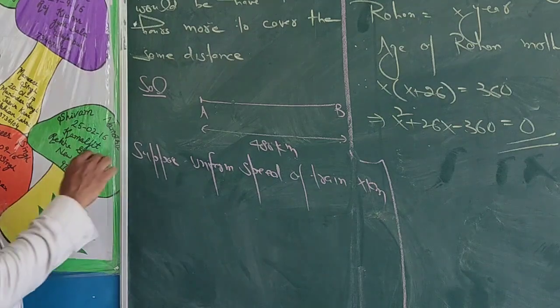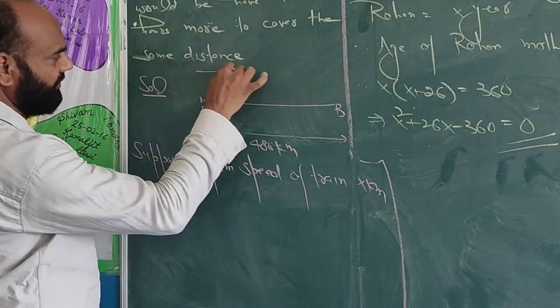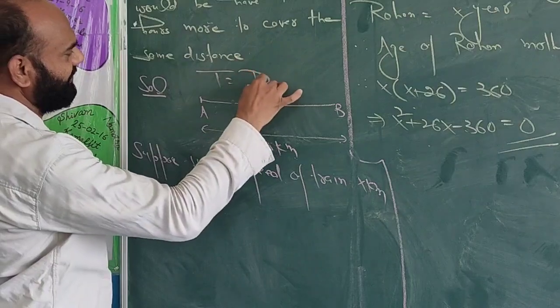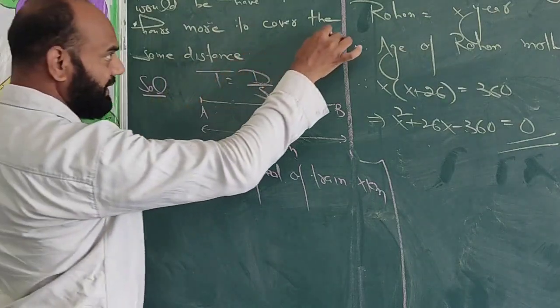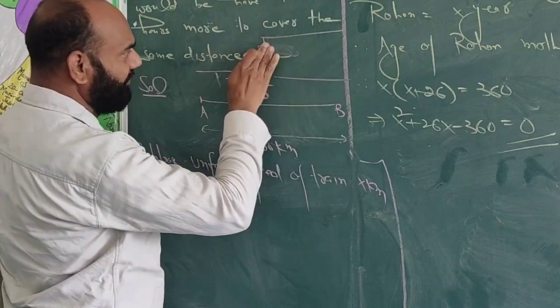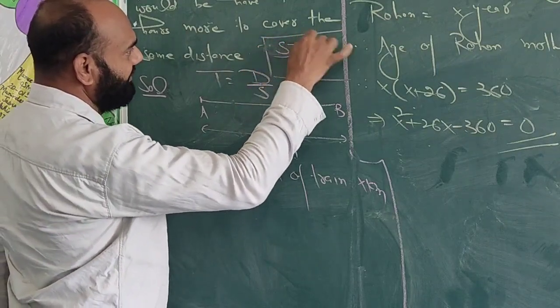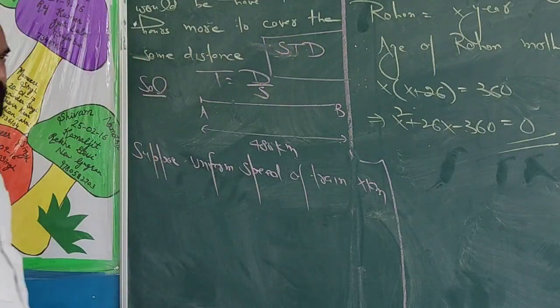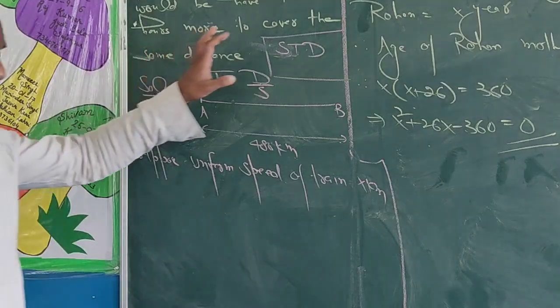And we know the formula of time: time is equal to distance upon speed. This formula is derived or learned with the help of STD. When we forget this formula, then we learn STD.